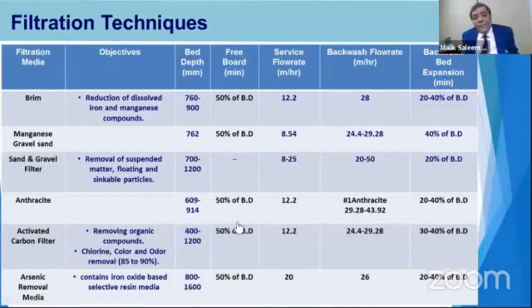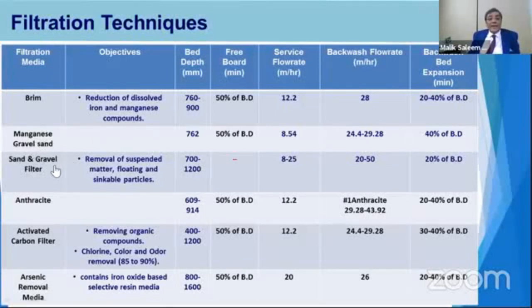Then, apart from the media filters and sand filters, we have various other types of filters, like filters for the reduction of iron. Sometimes we have an iron problem, and we have to reduce the iron. For that, the filtration procedure or the filtration vessel design is almost the same, that we have the service from the top, the product from the bottom, the backwash from the bottom, and the drain from the top, almost with minor changes in the requirement of the media.